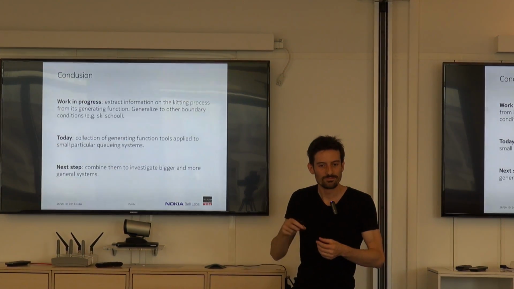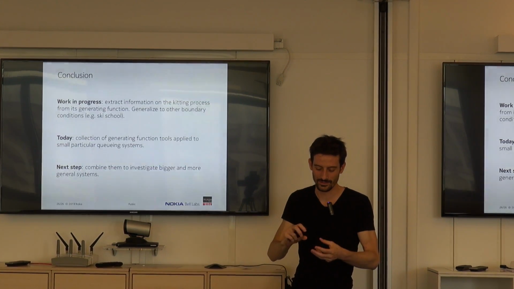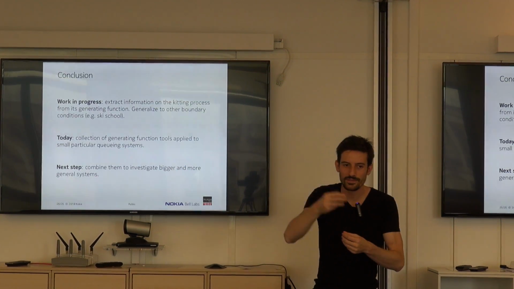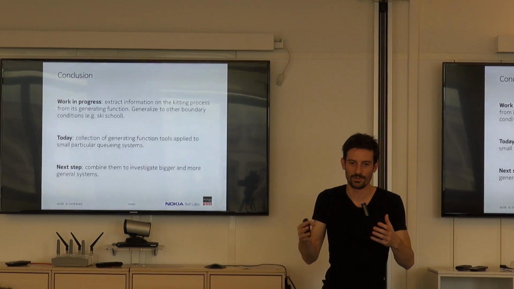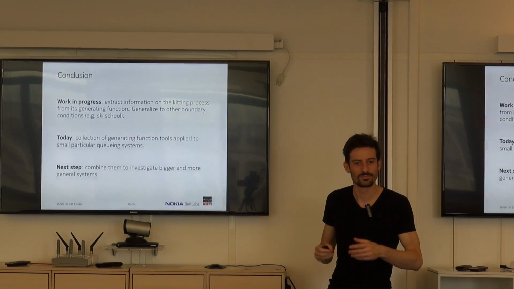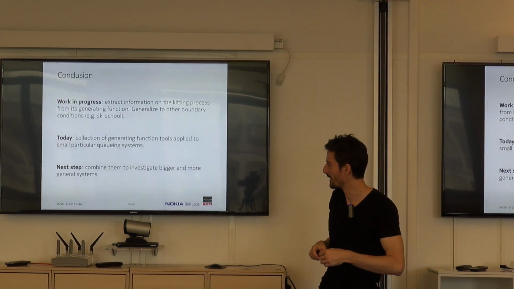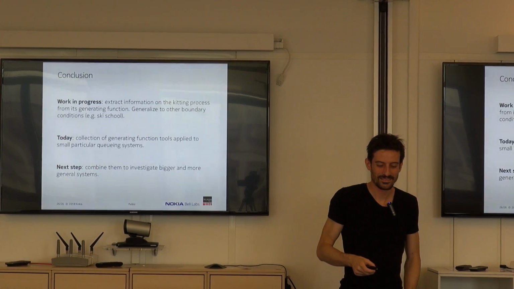But to get there someday, we first need to look at all those cases when there are priorities, when there are those different behaviors that can happen with queuing systems. So we are still at a young stage of research, and hopefully we'll get there. That's all. Thank you.